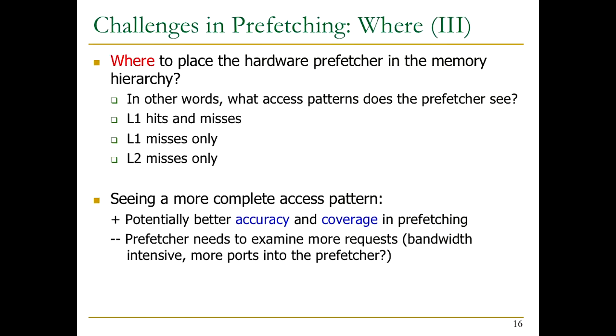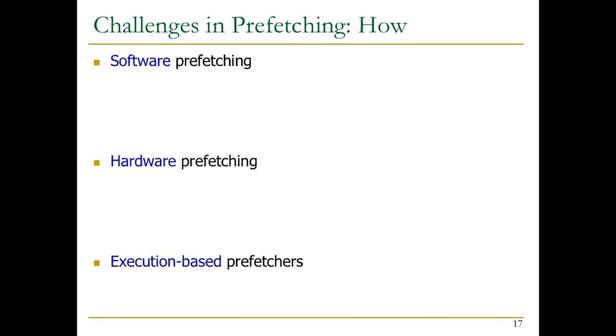In fact, even though a processor may have a very regular access stream, you may see irregularity in the later parts because there might be other processors that are contending in the cache with that processor and kicking out things from the cache. As a result, the prefetcher that sits farther away from the processor may see maybe a random access stream. I don't know. Okay, any questions?